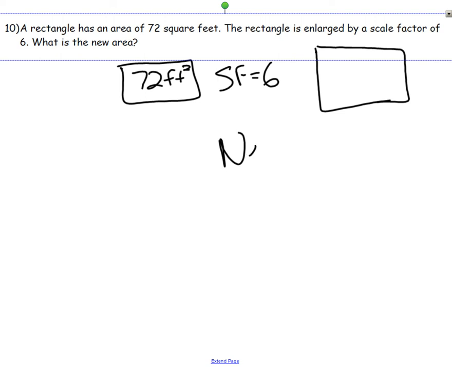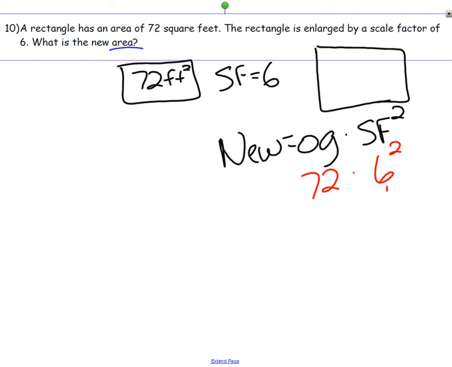So the new area is equal to the original area times scale factor squared. Why is it squared? Because it's area, and area is in 2 dimensions. So our scale factor is 6 squared. Our original is 72. 6 squared is indeed 36.